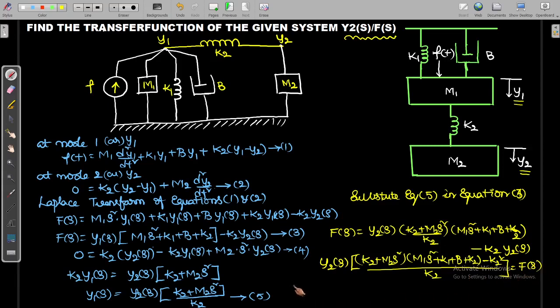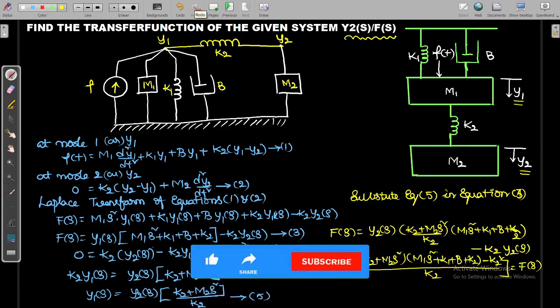The ratio is what is asked. So I will write the final step here.